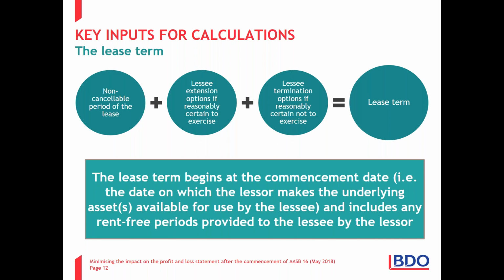The lease term starts when the asset is available for use, and the length of the term is based on the non-cancellable lease period, any extension options, if they're reasonably expected to be exercised, and any termination options that are reasonably likely not to be exercised. So a termination option would be where you enter into a 20-year lease with the right to terminate after 5. If you aren't reasonably likely to terminate, then the lease term would likely be 20 years.